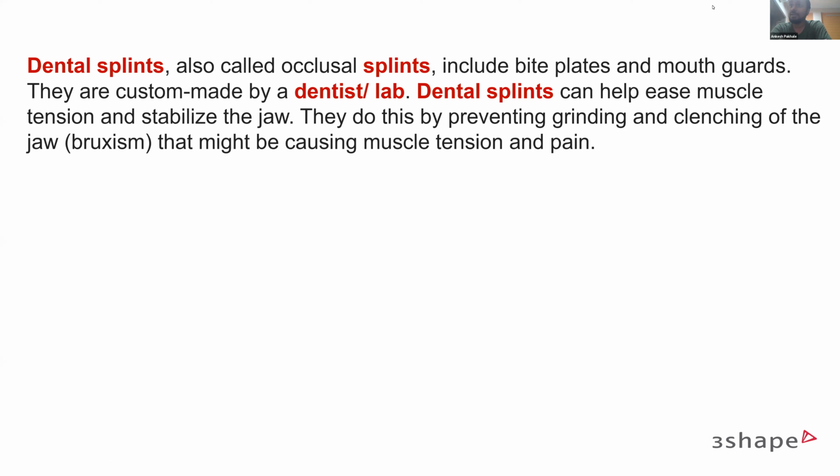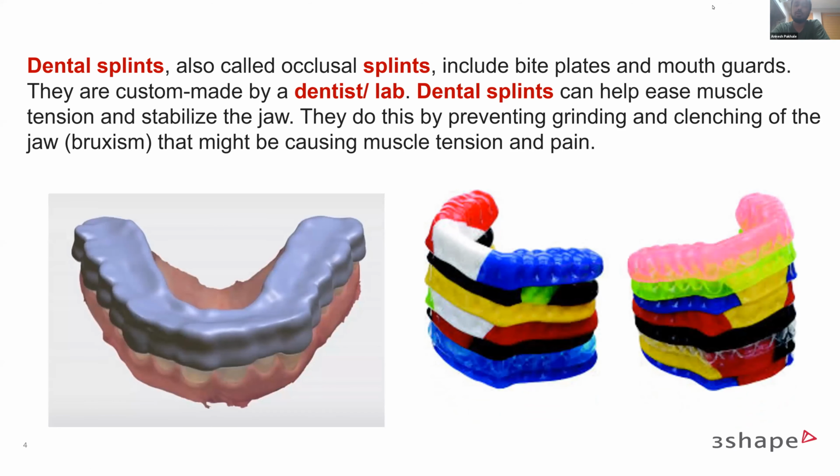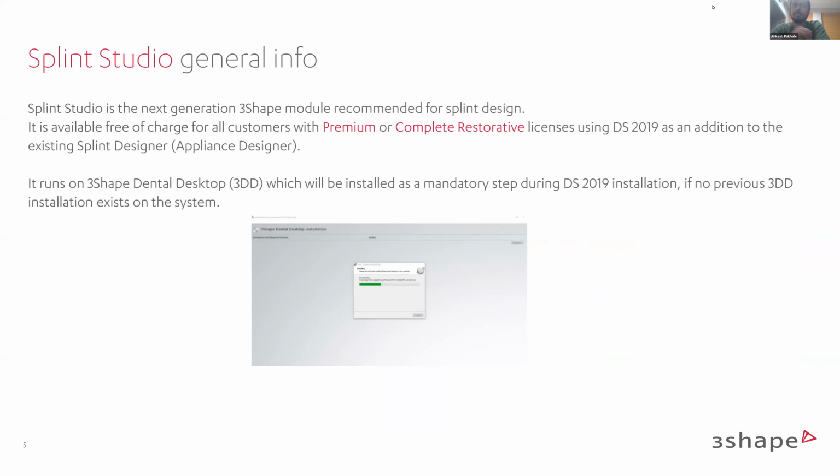They do this by preventing grinding and clenching of the jaw, that is bruxism, which might be causing muscle tension and pain. If a patient has bruxism, grinding or clenching, a dentist can suggest dental splints. On average, a splint can last somewhere around 4 to 6 weeks approximately.